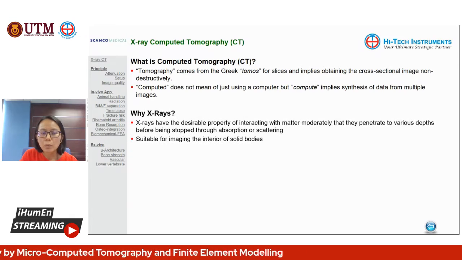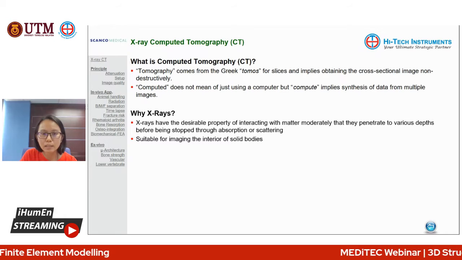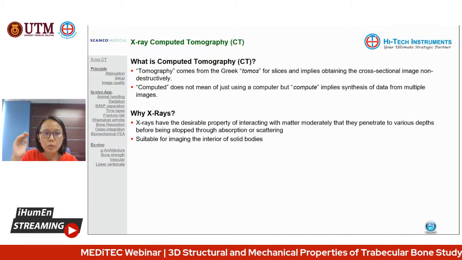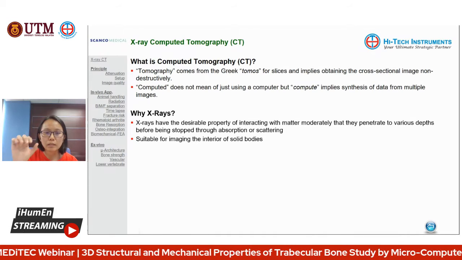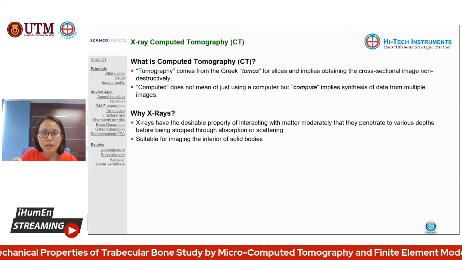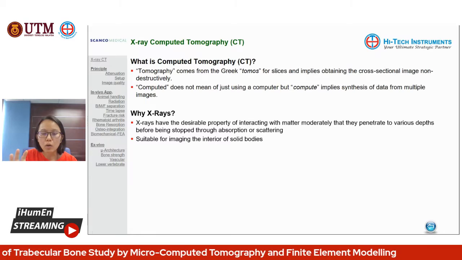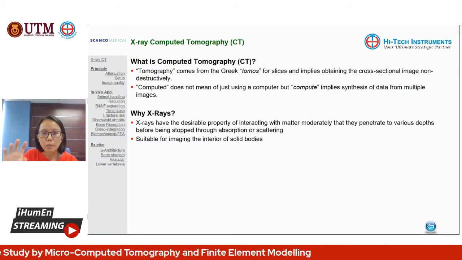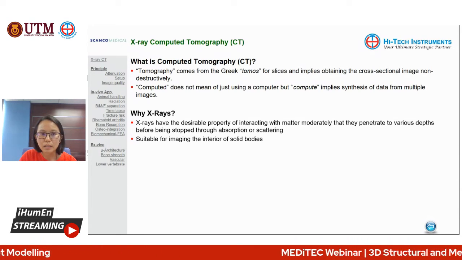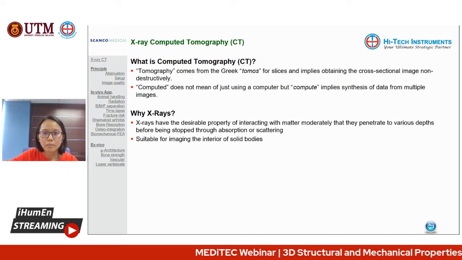And why do we choose X-ray? Because X-ray has the property that it can interact with the material moderately. It will penetrate to various depths before it is scattered or absorbed by the material, without eventually reaching the detector to capture any data.